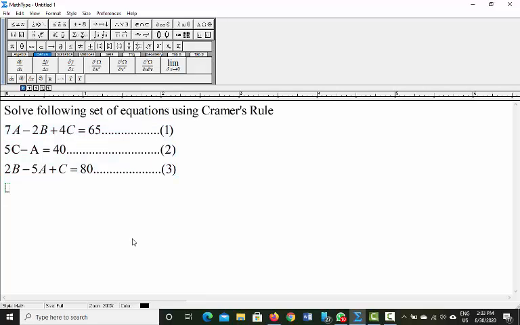If you want to solve it using Cramer's rule, in step 1 you need to find the determinant, that is D, of the following matrix. What is that matrix? Let me show you.